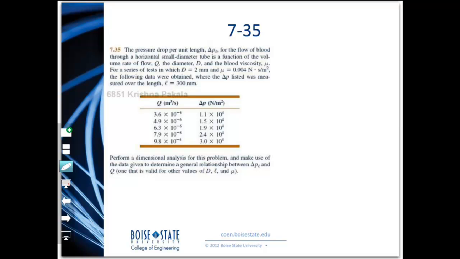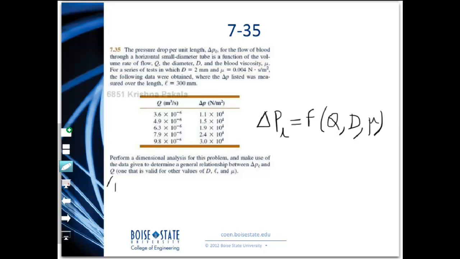First we have to do the Buckingham theorem, which we have been doing in the last two problems. Let's apply the same thing. So we want delta P over L as a function of Q, D and mu.